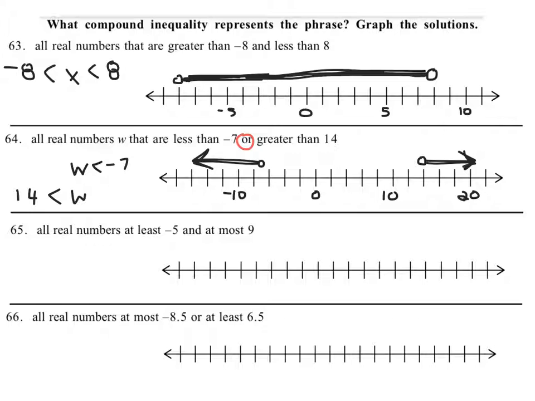Got it? Okay. So here we've got all real numbers at least -5 and at most 9. So what I'm going to do is I'm going to mark my number line. Okay, and if that's 0, I'm going to say this is 1, 2, 3, 4. This is 5.